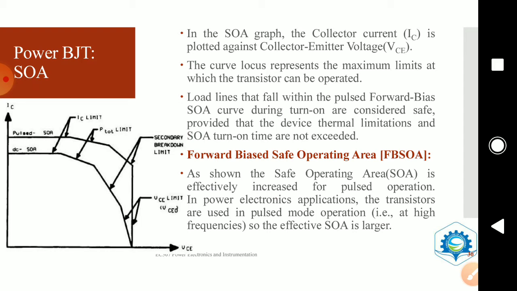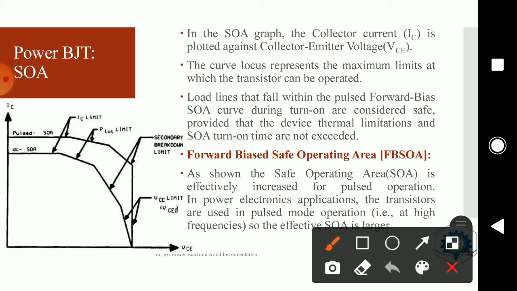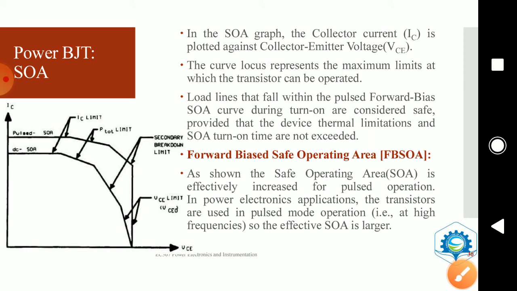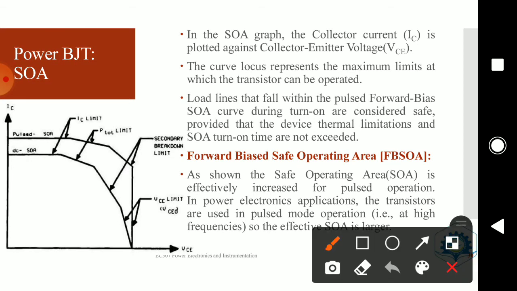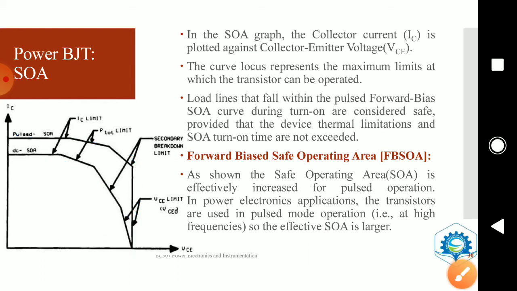Now, the safe operating area or the SOA graph is a plot of IC versus VCE. The graph shown over here is the forward biased safe operating area. If you are viewing the forward bias safe operating area, you can see that for the pulsed operation, you have a greater area as compared to the DC operation.